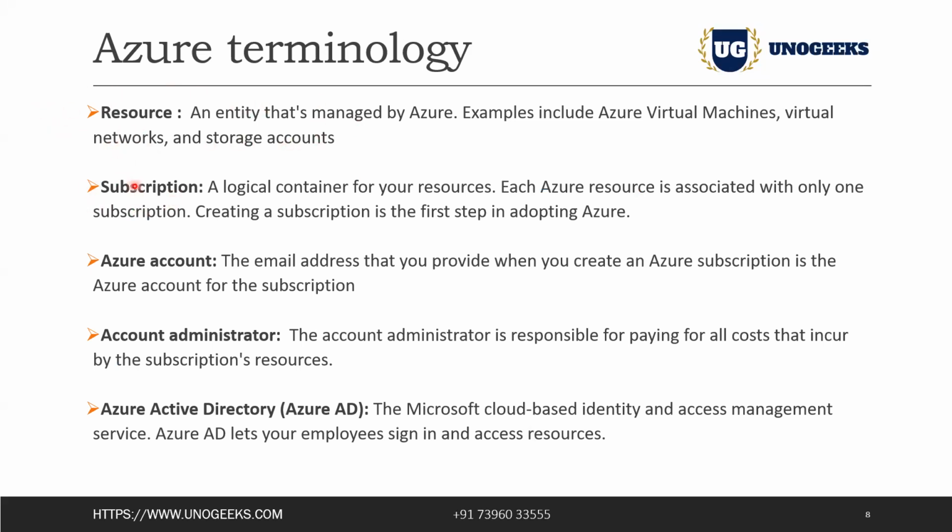Now subscription. What do you mean by subscription, and how does a subscription help you to allocate a new resource? A subscription is a logical container where you can deploy and host, and you will be billed according to the resource utilization under the subscription.